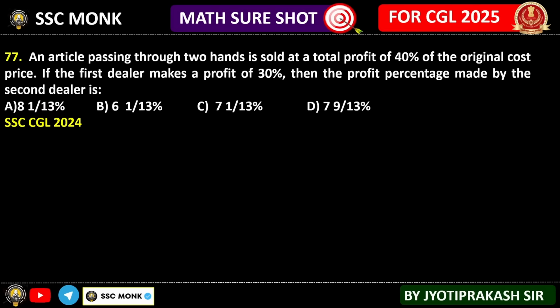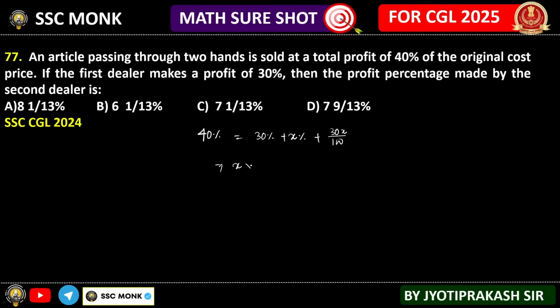Next, an article passing through two hands is sold at a total profit of 40% of the original cost price. If the first dealer makes a profit of 30%, then the profit percentage made by the second dealer is what? See, total percentage is 40%. First dealer made 30%. Second dealer made X%. Then the consecutive, that means 30 into X by 100 is getting me this.